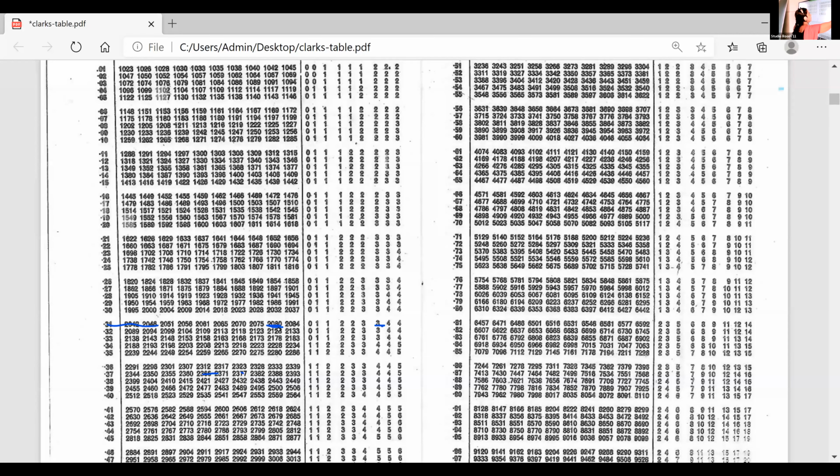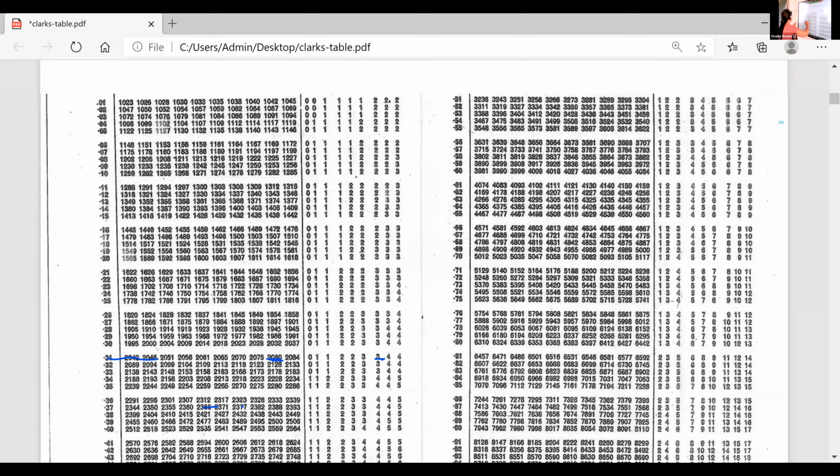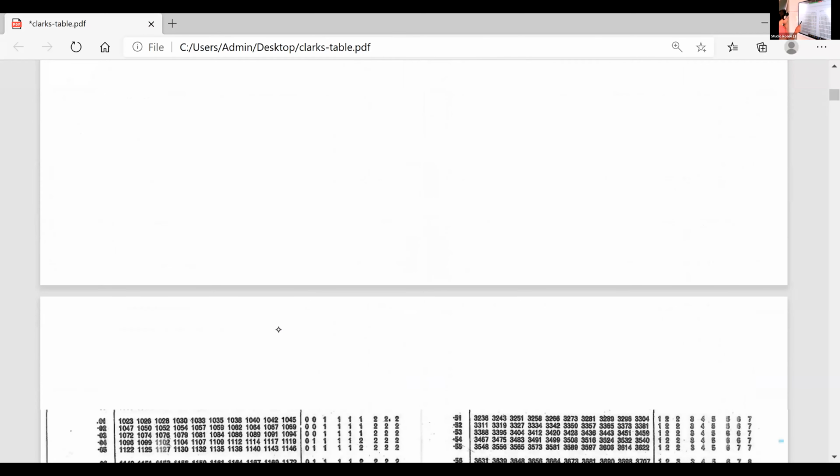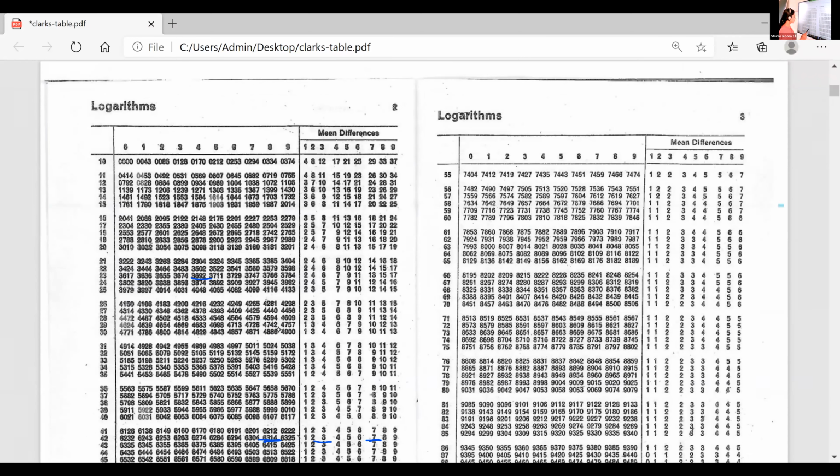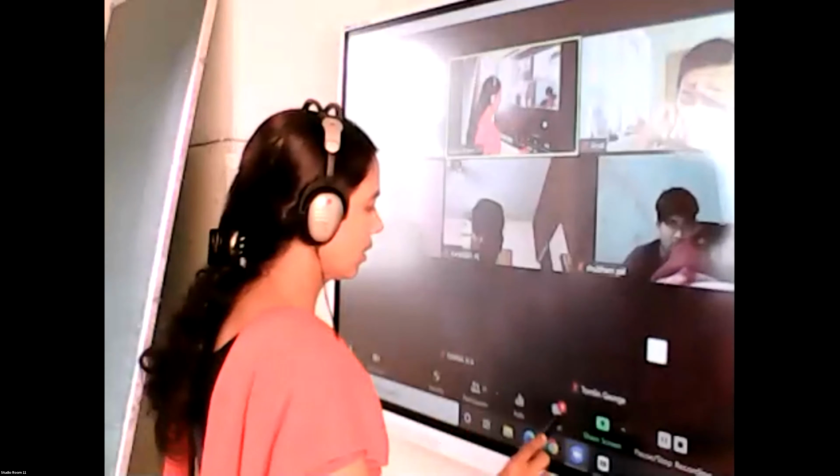Log. Here, minute differences can make the calculation go wrong. Let's take 4287. What we got? 0.6321, isn't it?